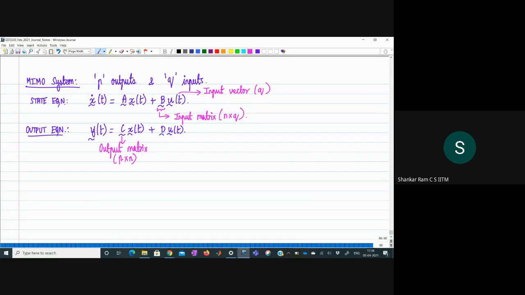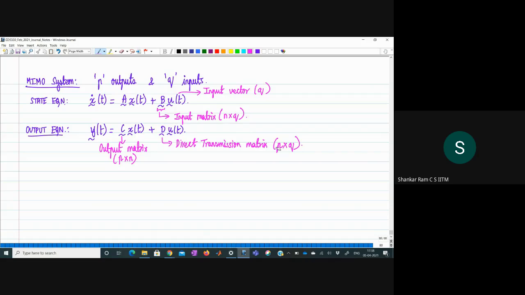And D becomes what is called the direct transmission matrix. The size of this matrix is going to be equal to p by q, because we have p outputs and q inputs.